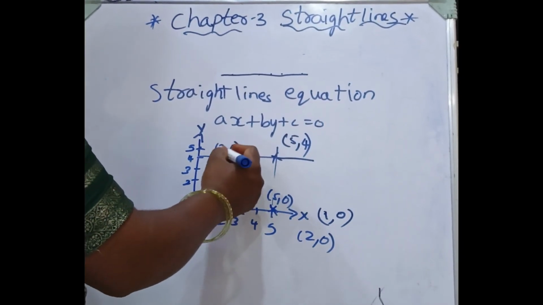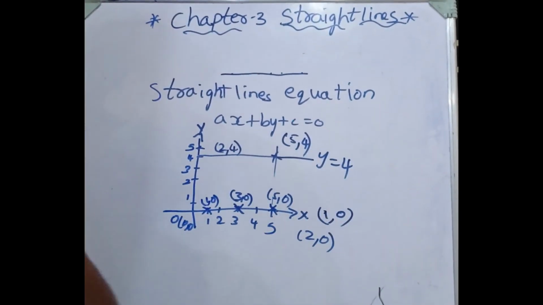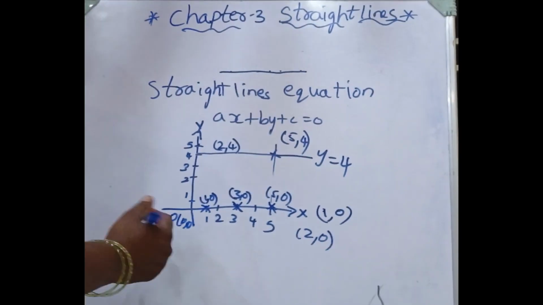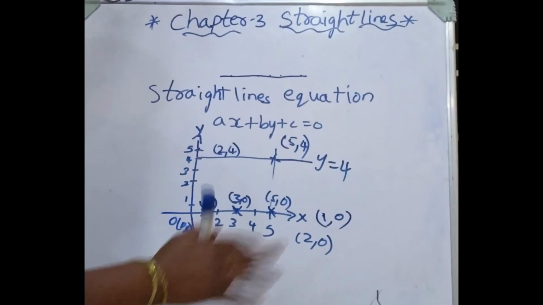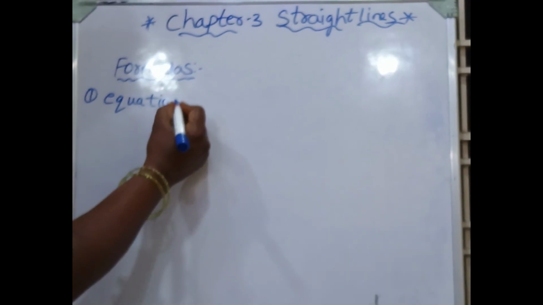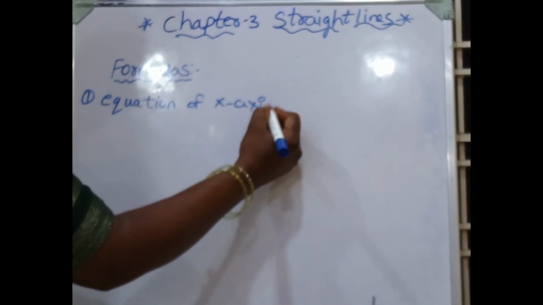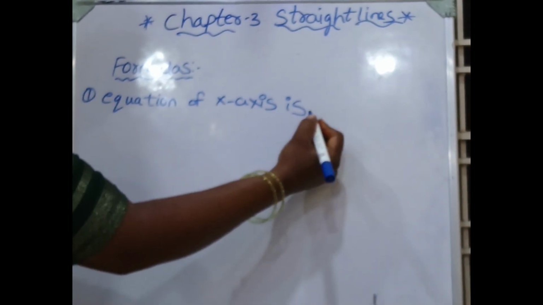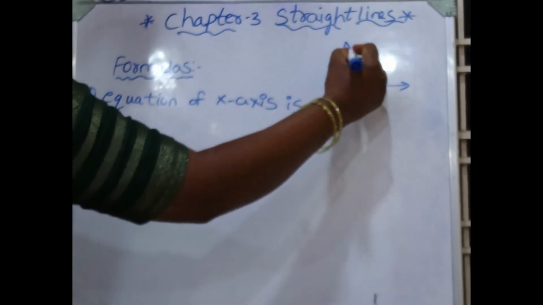So the y-axis considered 2 points, so y equal to 4. This is the equation by the solving method. Now, what is the equation of the x-axis?